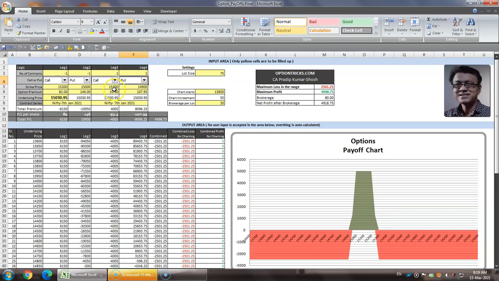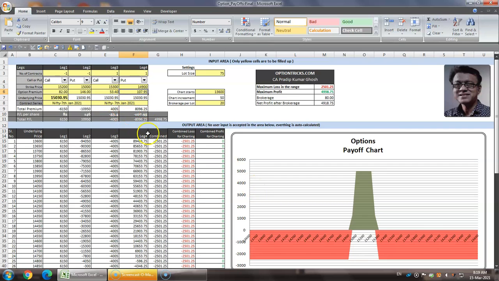He bought a call at 15,300 strike price and a put at 14,900 strike price. 15,300 is above 15,200 and 14,900 is below 15,000. And he paid these costs. These are the option premiums. These I have taken directly from the published data.